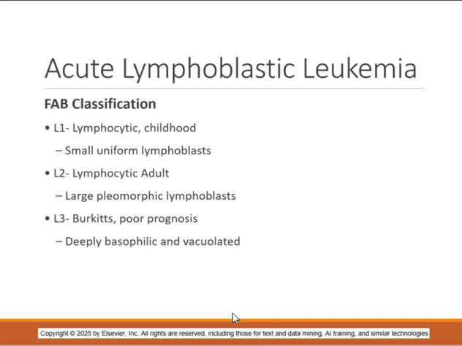It's got a lot of different things that we saw with the larger ones. And then L3, Burkitt's. Right now it has a much better prognosis. It's still considered poor, but if it's treated quickly, it has a very good prognosis. But it has its own unique type of morphology, which I'll show you a picture of in a second. It has very deeply basophilic cytoplasm and a lot of vacuoles in it.